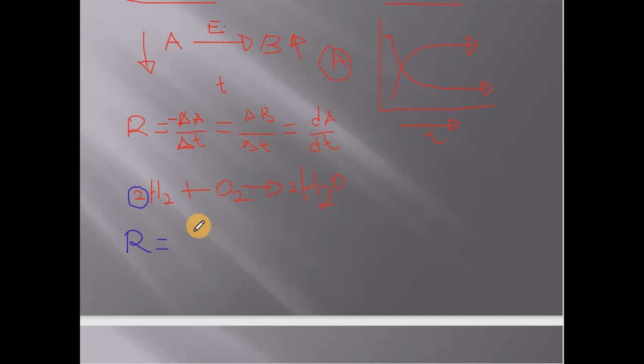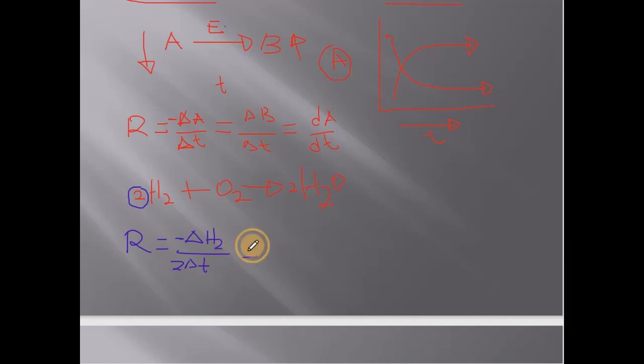So you're going to have 1 times the change in hydrogen gas, so it's negative because it is a reactant, over the change in time. Here it's going to be over 2, so it's 1 over 2. So if you want to find the rate of a reaction with respect to a reactant or a molecule, and it has a stoichiometric coefficient, you're going to take the reciprocal of that value and multiply it by the rate.